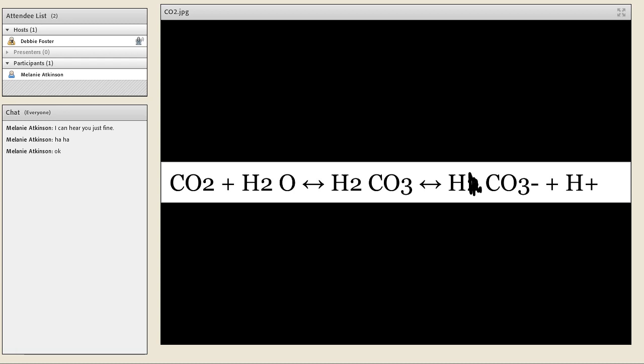We use the term alkalosis, or alkaline for base, which means we have an excess of either hydroxide or perhaps bicarbonate, and we're tying up all those free hydrogen ions. That doesn't happen too much naturally, but it can.